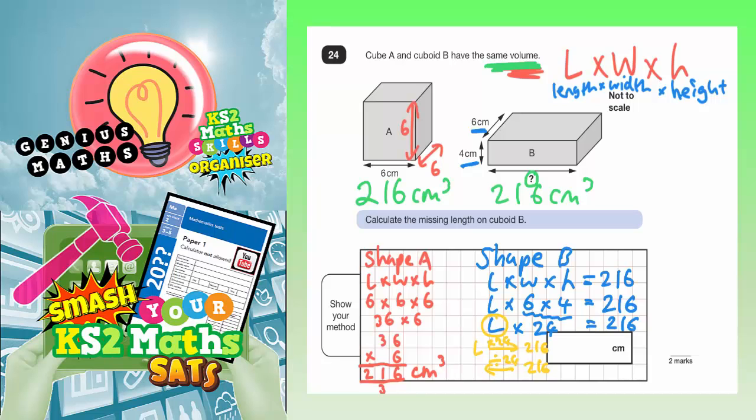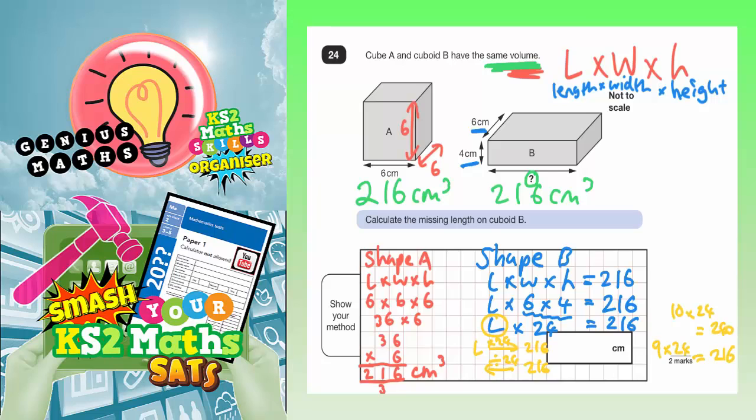Well, the easy way to do this is to think, well, 10 24s would be 240. So if you knock off another 24 from 240, you do actually get 216. So knocking off one lot of 24 from 10 24s would leave you with 9 24s.